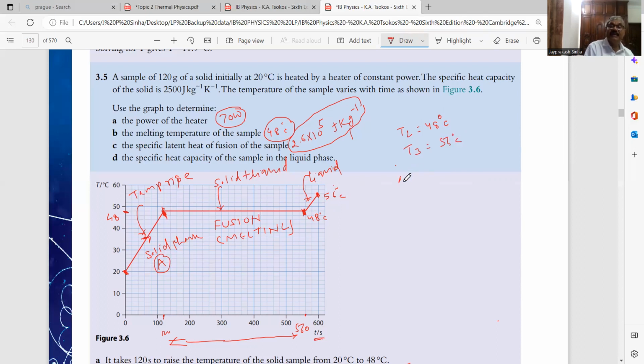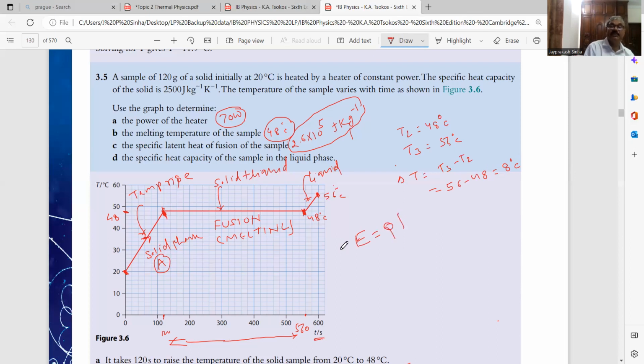So what is the delta T in this case? Delta T is equal to T3 minus T2, that is 56 minus 48, that is 8 degrees Celsius. Okay. So we'll use the formula. Here also, there is no loss of heat to the surrounding, means whatever electrical energy was supplied is equal to the heat energy.